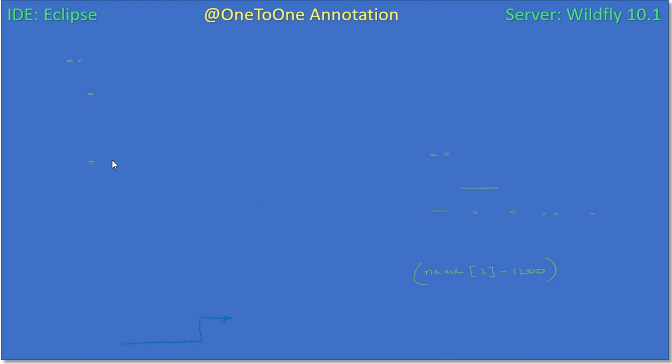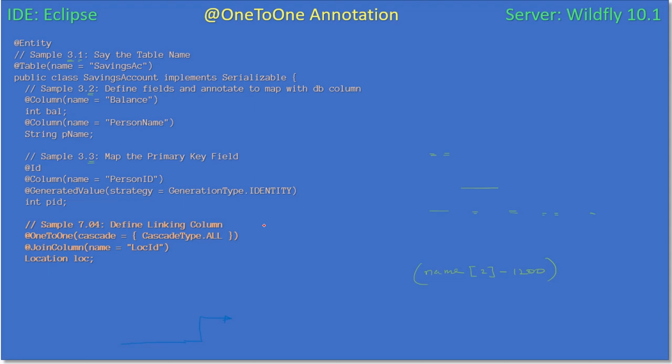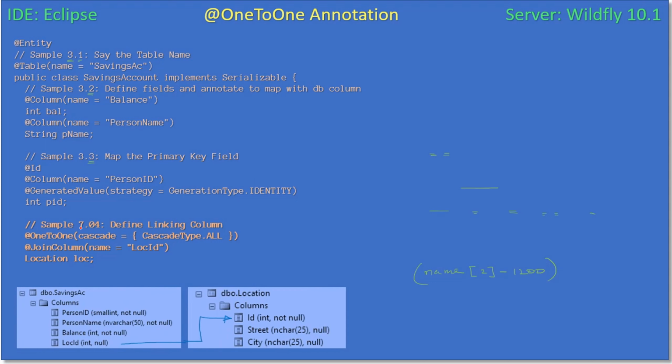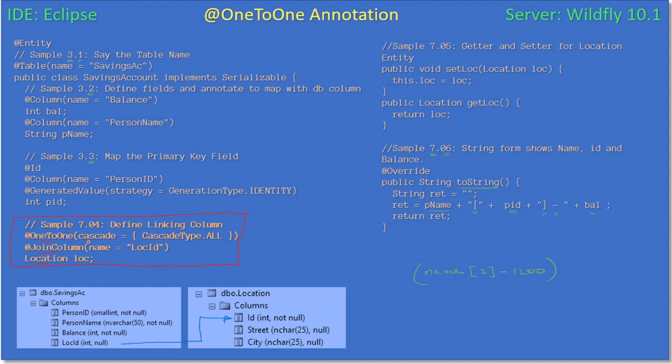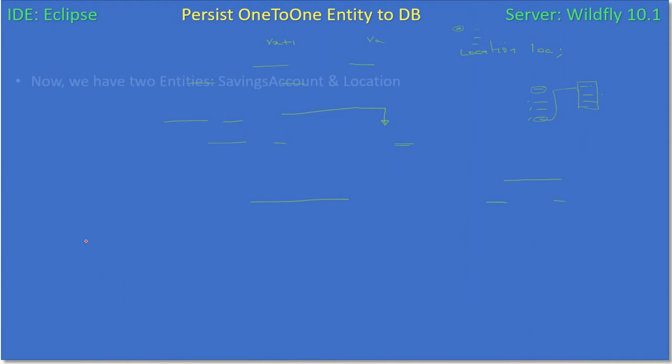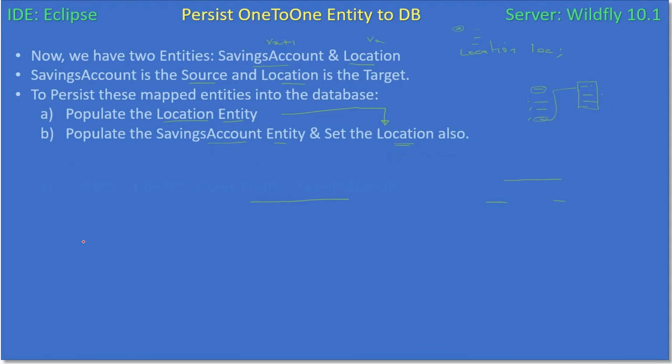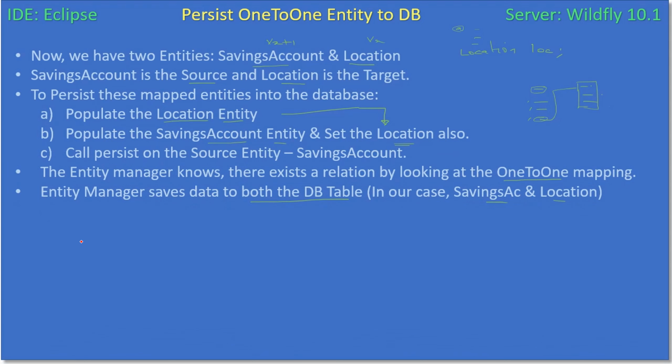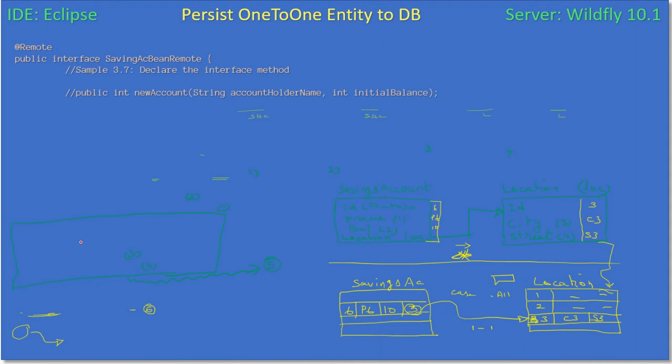After that we modified our savings account to have the mapped column changes. So this is the key here. In the savings account we have containment and other details, one-to-one and join column. Then we persisted our JPA entity to the DB.